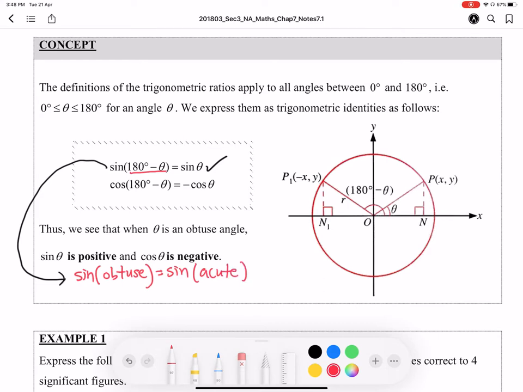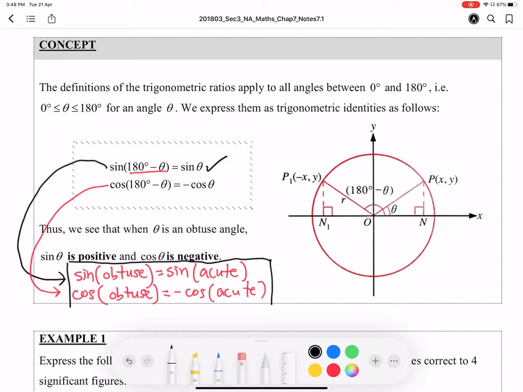And for the cosine, you have cosine of obtuse angle is equal to negative of cosine of acute. So as I've said earlier, we are going to use this knowledge here in our working in future examples.